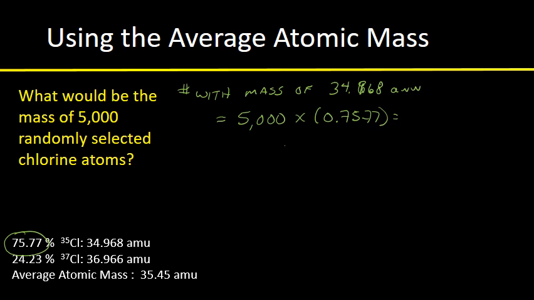Let's see what we get. We would get 3,788 atoms with a mass of 34.968 AMU.